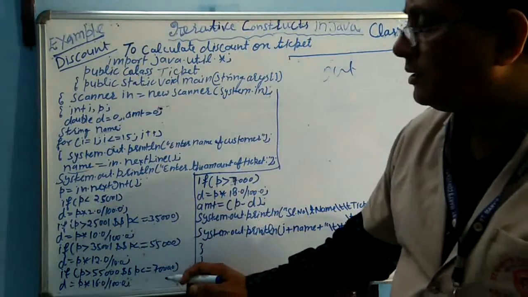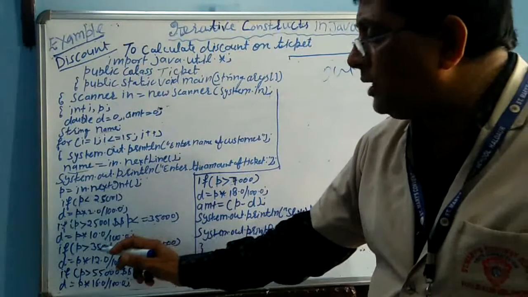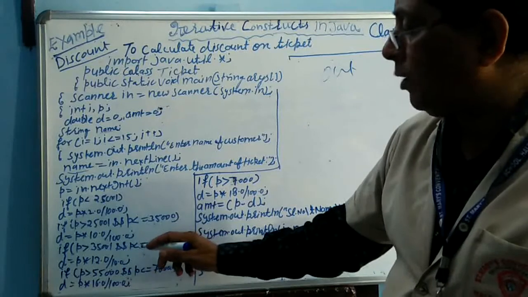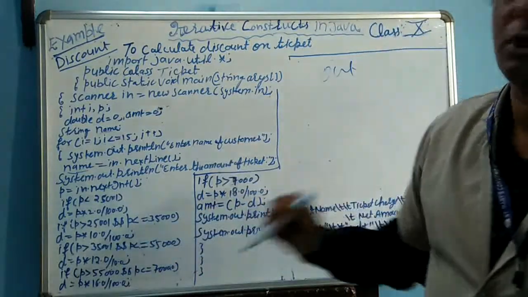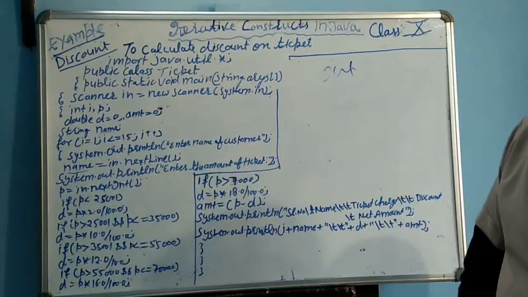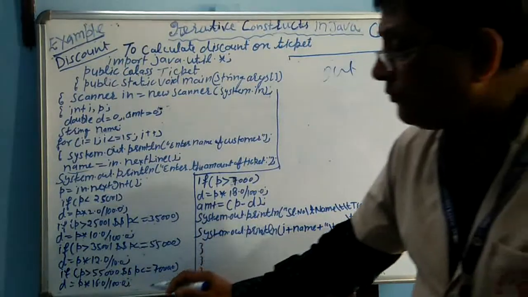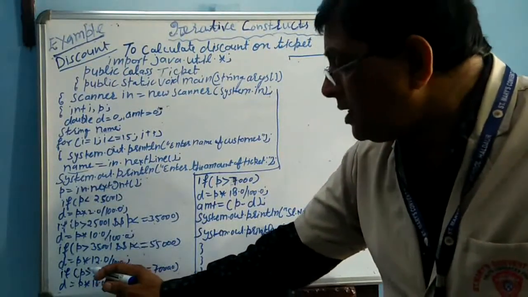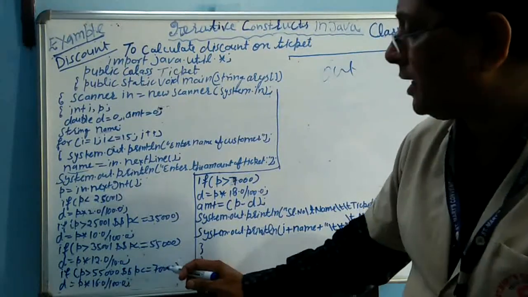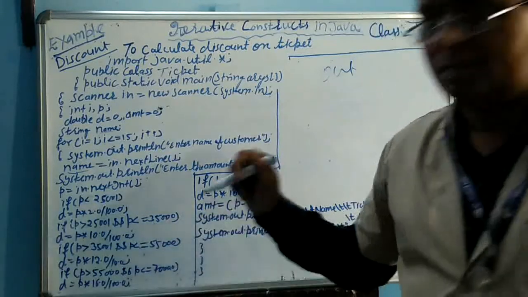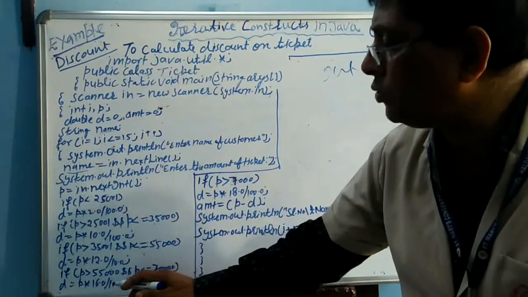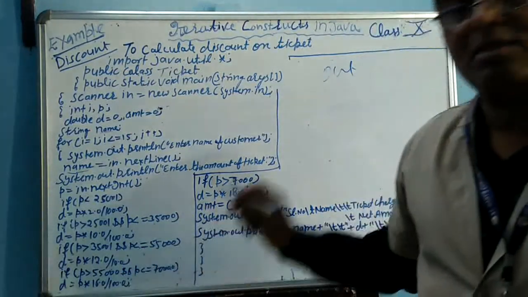And suppose you give more than 35,000 and the amount is less than or equal to 55,000, then discount is 12%. And if the value of p is greater than 55,000 and less than or equal to 70,000, then discount is p multiplied by 16.0 divided by 100.0.